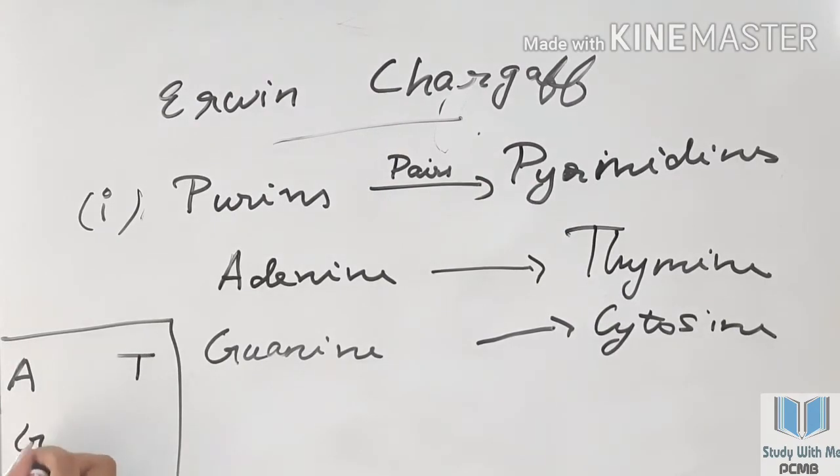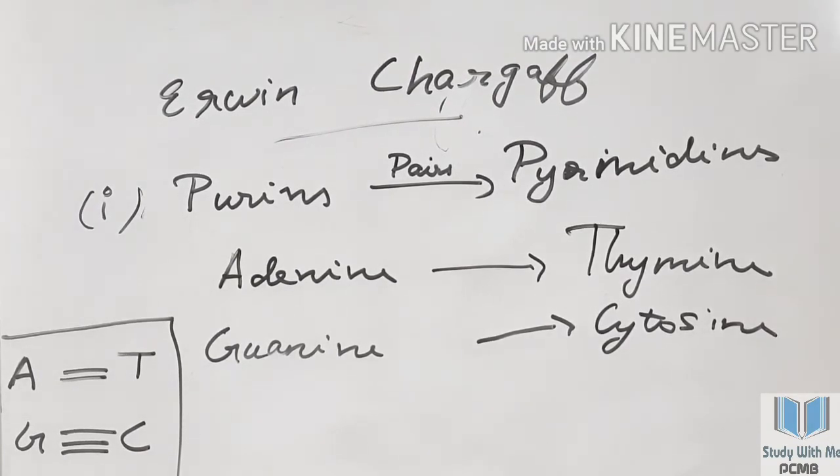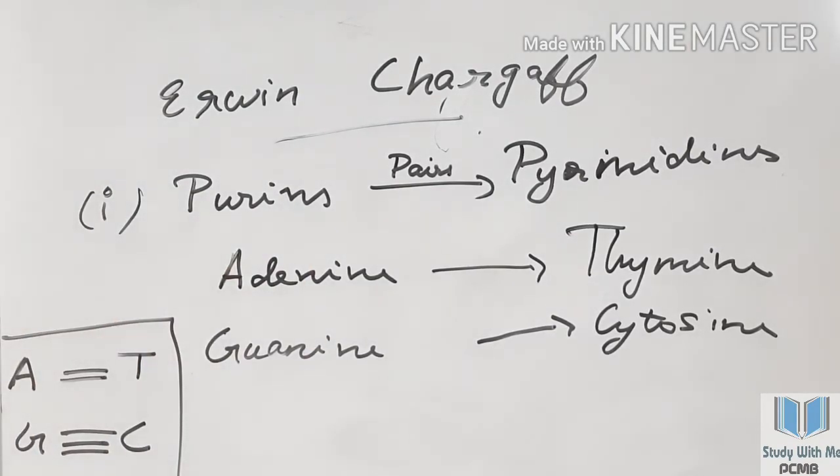And guanine is paired with cytosine, G and C. Here there will be 2 hydrogen bonds. Here there will be 3 hydrogen bonds. Between adenine and thymine there are 2 hydrogen bonds, and 3 hydrogen bonds between guanine and cytosine. This is very important also. So this is the first rule. The first rule says like this. Then you can move to the second rule.